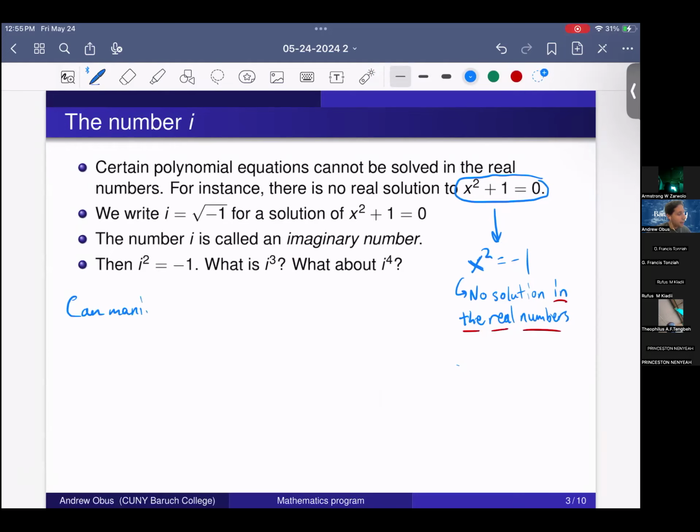But what I claim is that we can manipulate i using the same rules of arithmetic that we use for the real numbers.